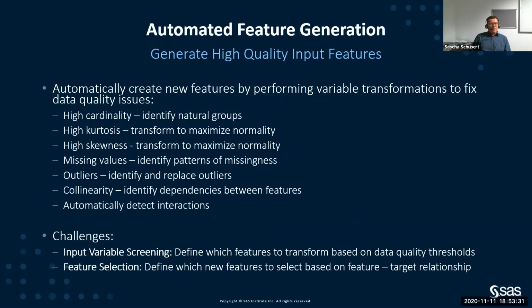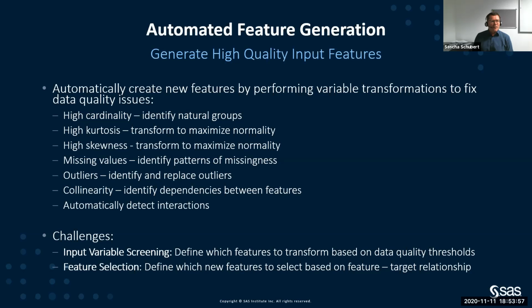So I have my raw variables, and I get maybe a lot of things that I need to look at to identify what to do with those raw variables. Can I use them as is? Do I need to apply transformations? Do I need to apply fixes? And I have listed a few things here that are usually provided with automated feature generation tools.